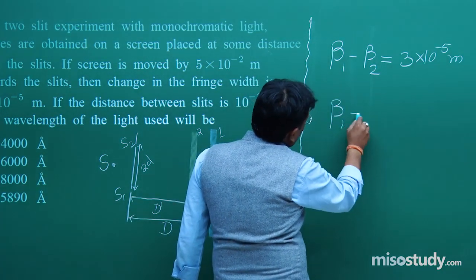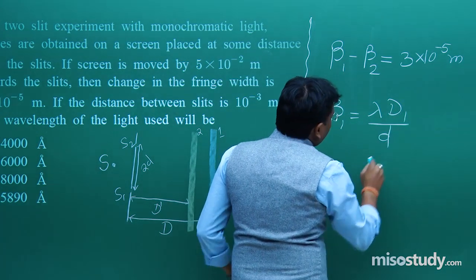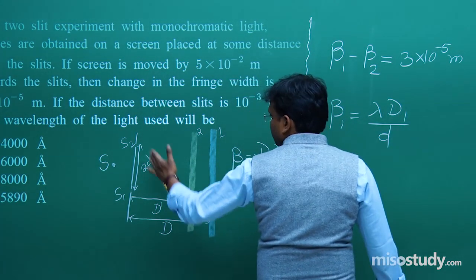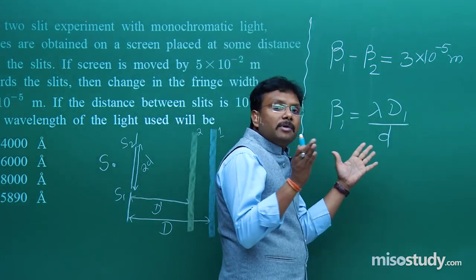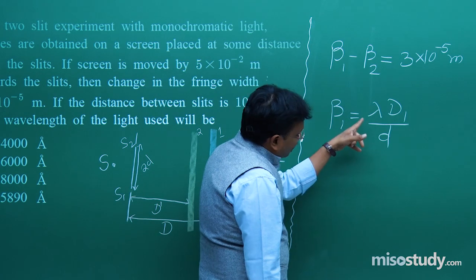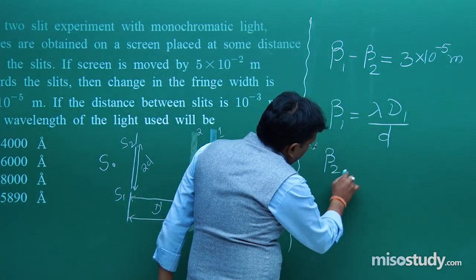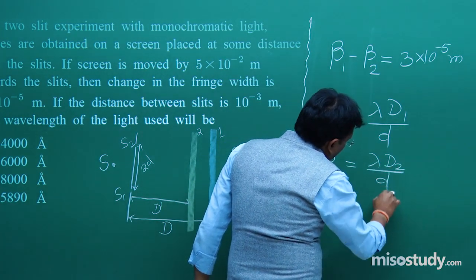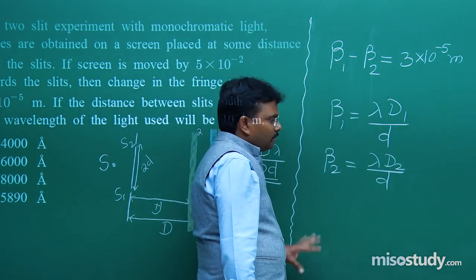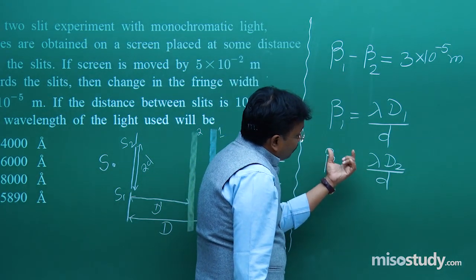Beta 1 is equal to lambda D1 upon d or 2d, because here I mentioned 2d, so I can use 2d or d. That is simply the spacing between the two slits. So beta 1 is equal to lambda D1 upon d and beta 2 is equal to lambda D2 upon d. Simple results, but you know the difference in the values.